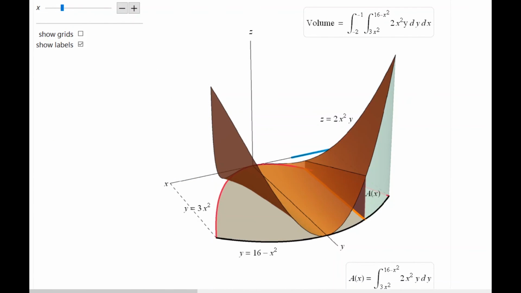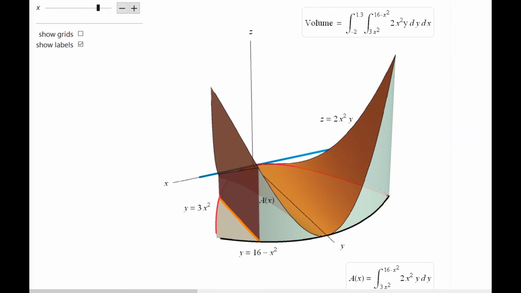So here is the graph of the function that we just computed its double integral for. You can see that at x equals 0, the graph of the function is lying on the xy plane there, and that's why we had an area of 0 there. But as you vary x, notice what's going on.